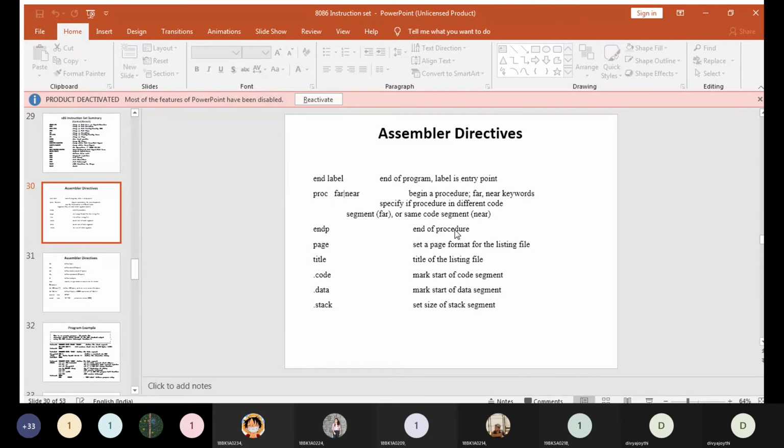This statement informs the processor that everything related to the code of that program will be stored in a segment called code segment. After the word ASSUME, we write CS represents code, DS represents data, like that we make some assumptions.